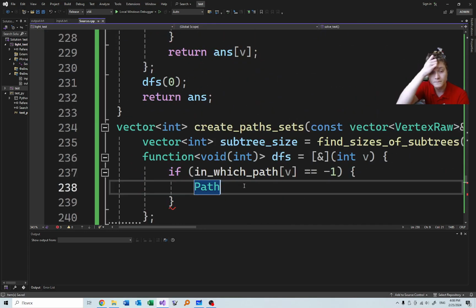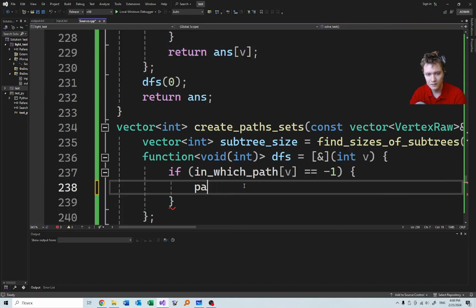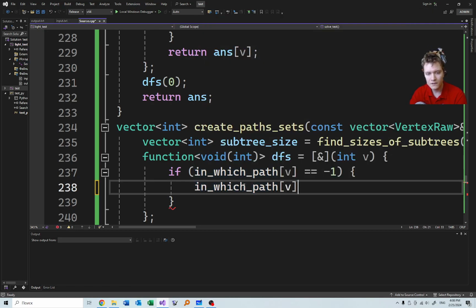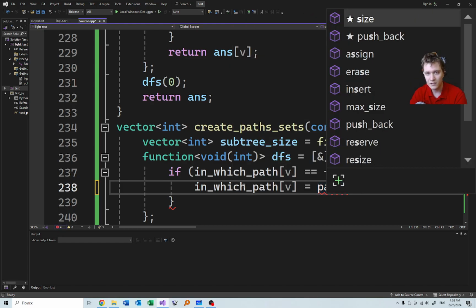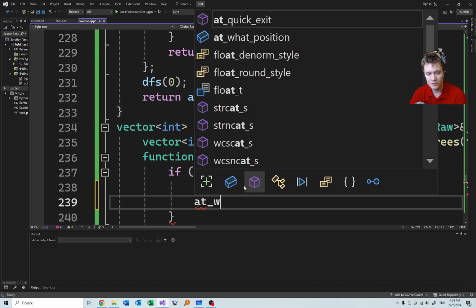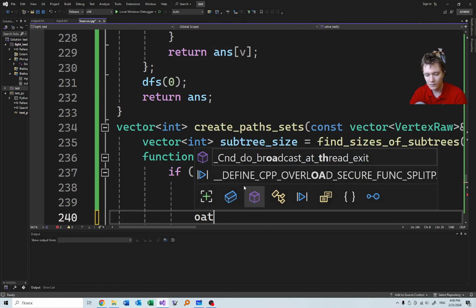So paths dot in which path v equals paths dot size, at what position is 0, and we need to add a new path.